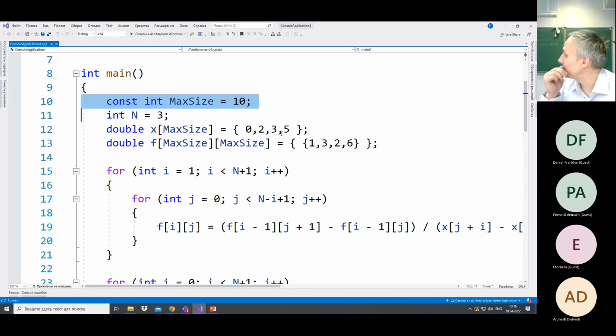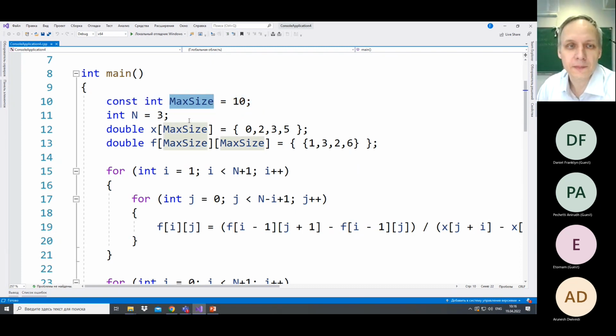First, max size is just the maximum size of this table. Actually, it will be less than 10, but I declare it just to declare the array.